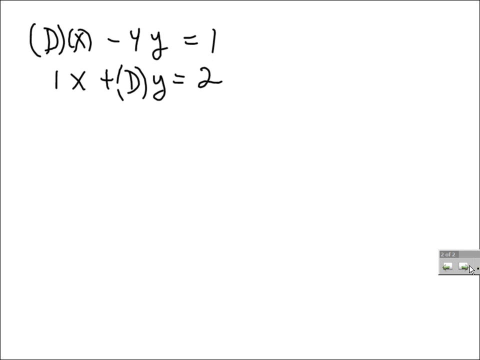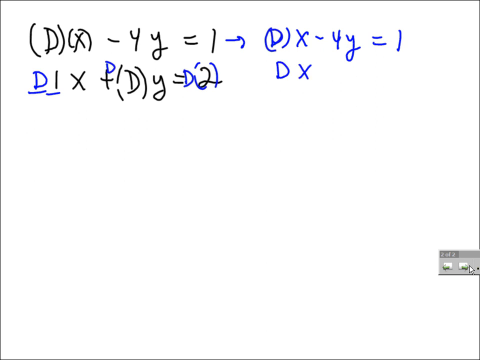And I go and I solve this. I want to get what's in front of the x's to be the same. So what I'm going to do is I'm going to take d of both sides. The top will just be d operated on x minus 4 operated on y equal 1. D times 1 is dx.